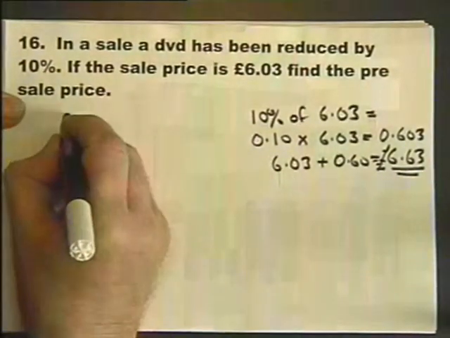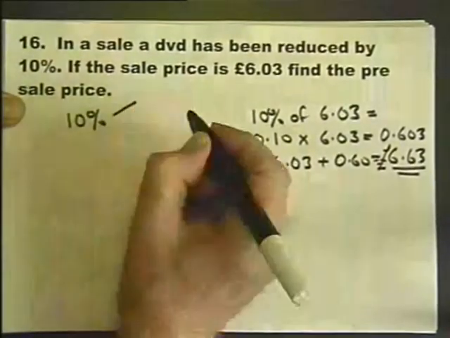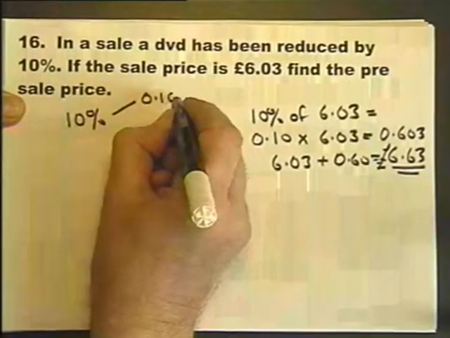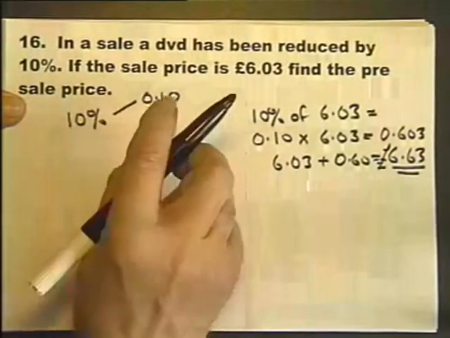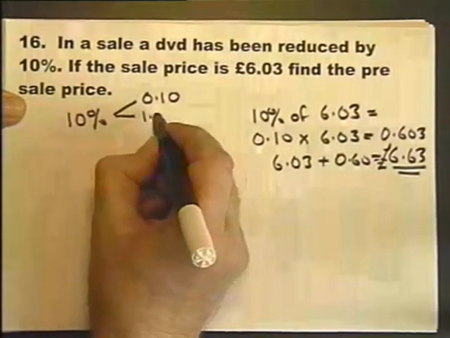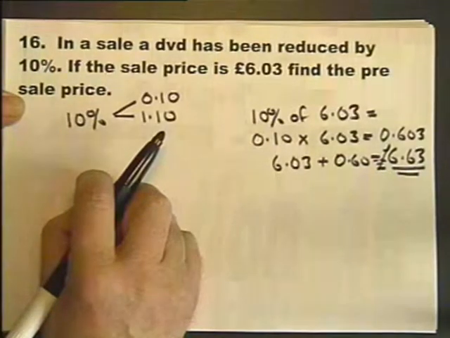One way is to think about 10% and the decimal value of 0.10. We don't have to put the 0 in, but we'll do it just to make it look like 10%. If you multiply by that, it will work out 10%. If you multiply by that, it does two jobs. It works out 10% and adds it at the same time.